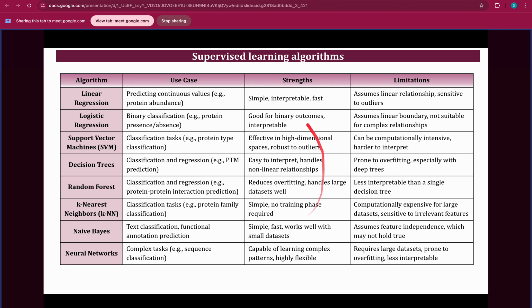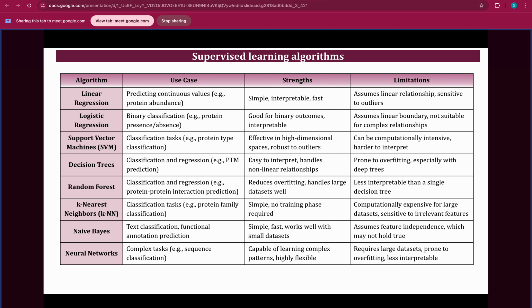So this is a table which contains the information of both the regression and classification methods or algorithms. When we say linear regression, it tries to predict continuous values. When we say continuous values, they will be in numerical form, in the form of numbers, such as protein expression. Such things are not categories like high or low, they are numbers.